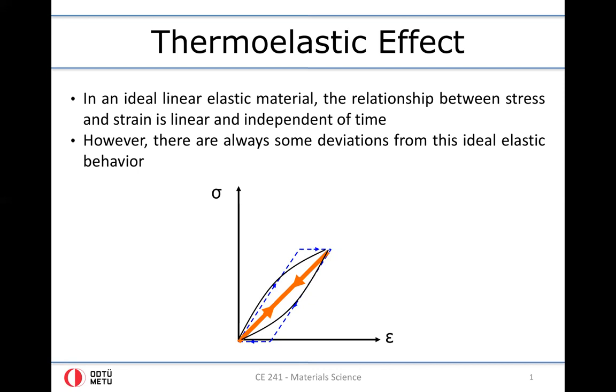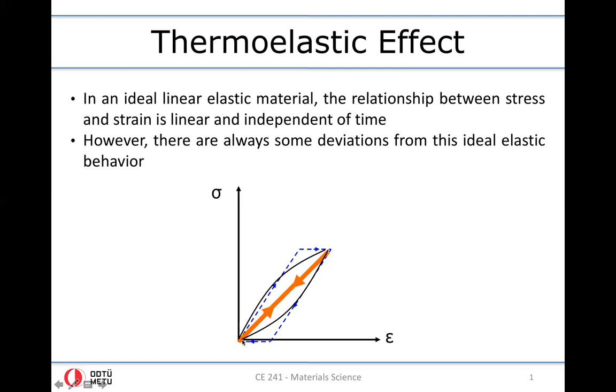Okay, but when you start to deform material at rates that are drastically higher than the rates under which we observe isothermal behavior, we start to see some deviations from the ideal linear elastic behavior. For example, as shown by the black curve in the loading range and also a black curve in the unloading range.